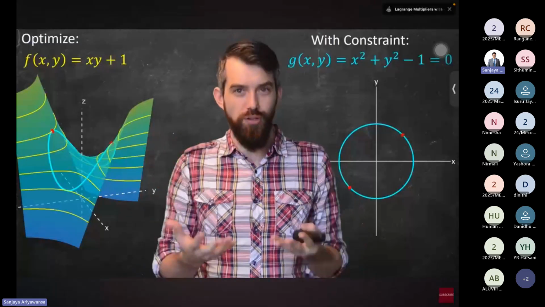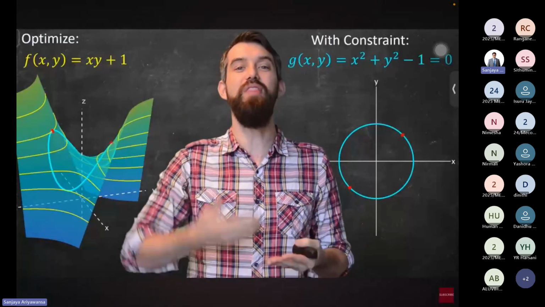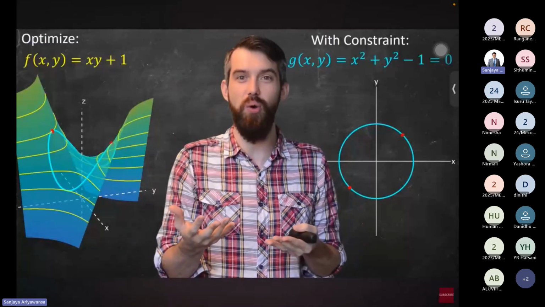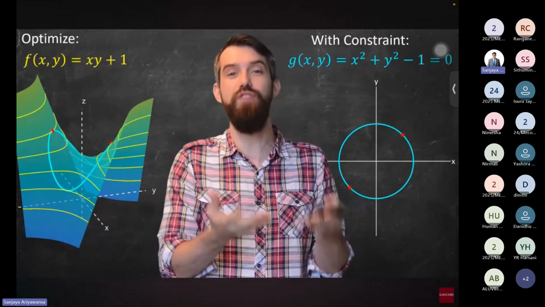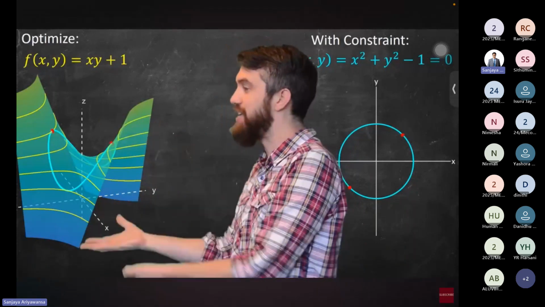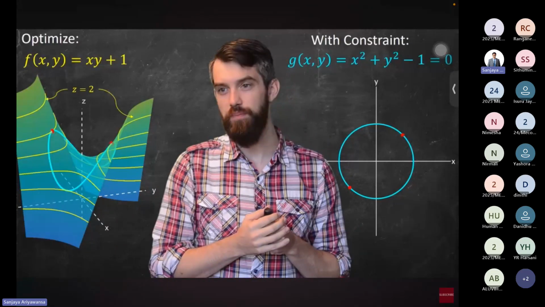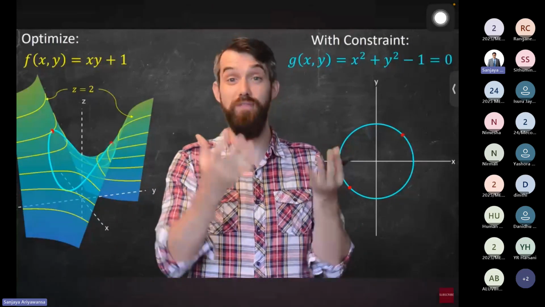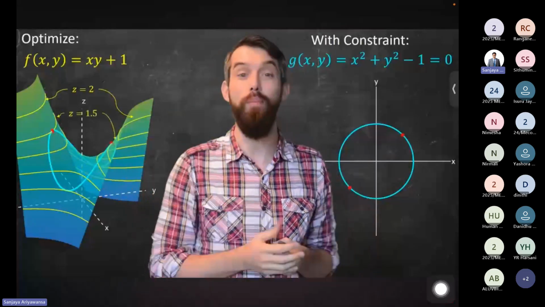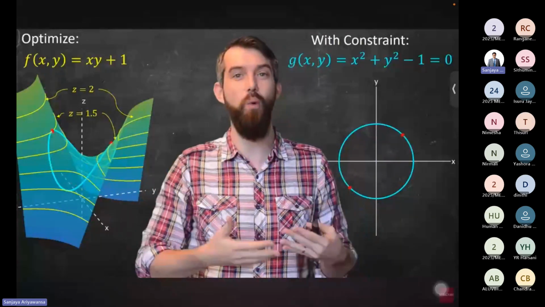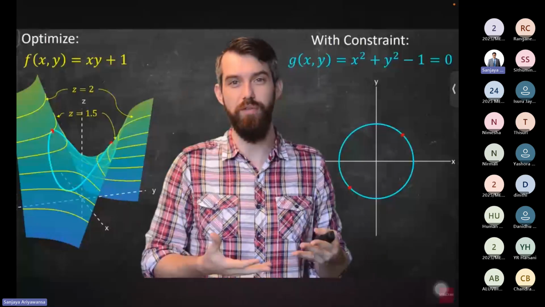Remember that what the contour is telling me is the height is constant. So I'm setting the function value, this xy plus 1, equal to various constants. And then I get these resulting curves. So for instance, if I set it equal to the value of z equal to 2, you get one curve. If I set z equal to 1.5, you get a different curve, and so on. This gives you a bunch of level curves.